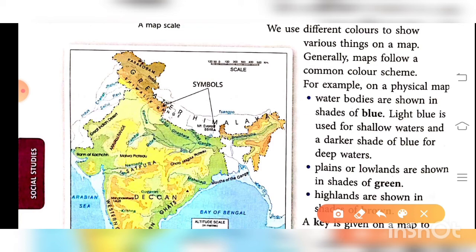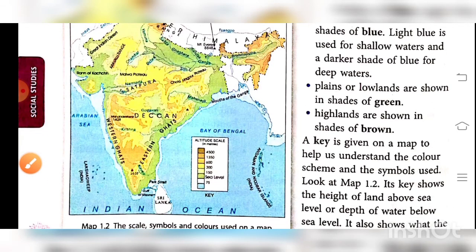See, water bodies are shown in blue color. Shallow waters are shown in light blue color, and deep water is shown in a darker shade of blue.